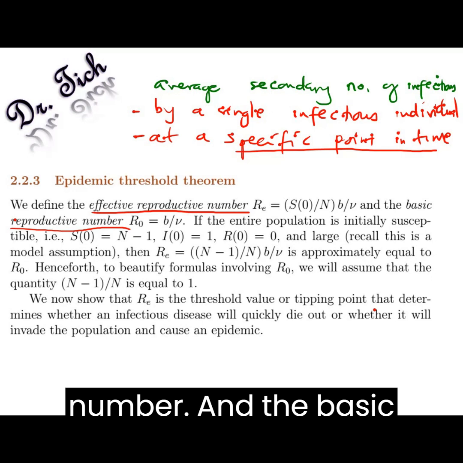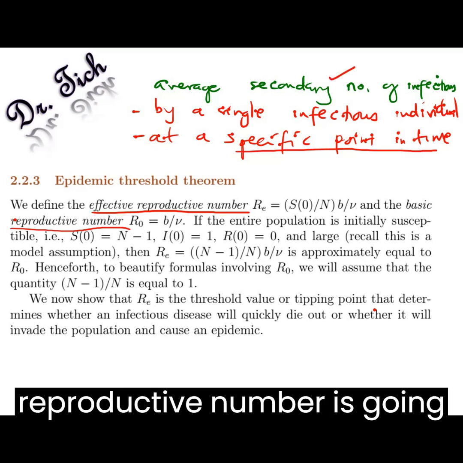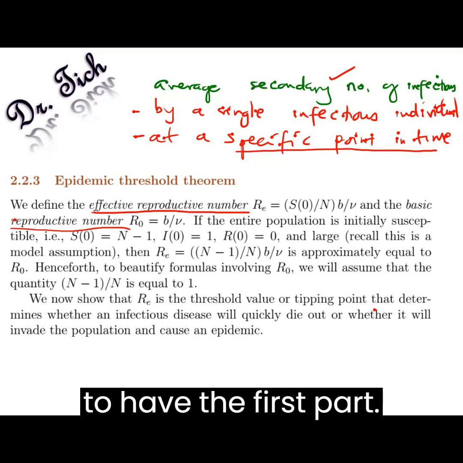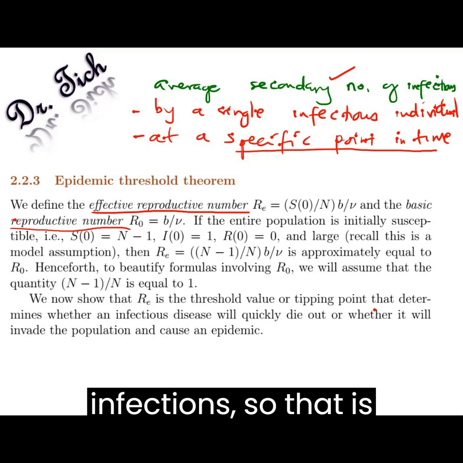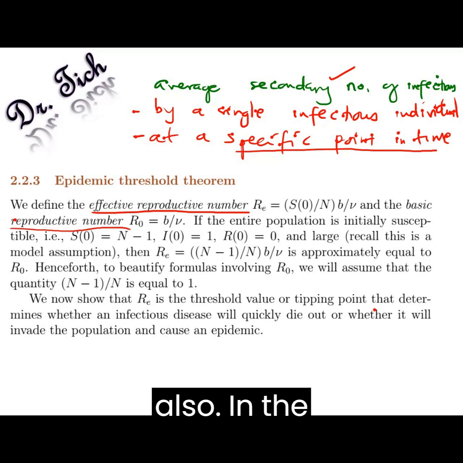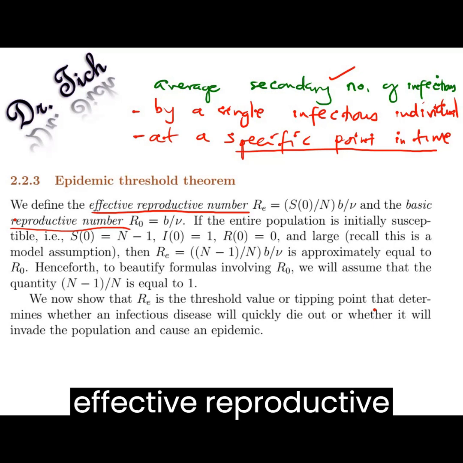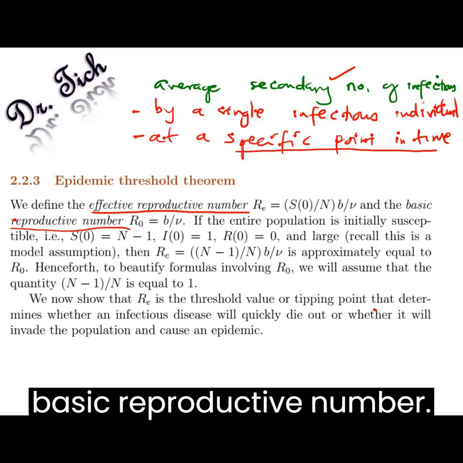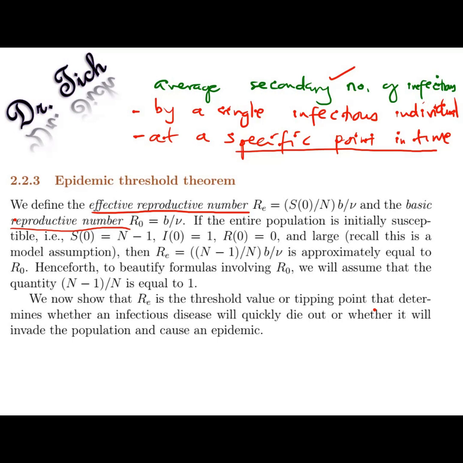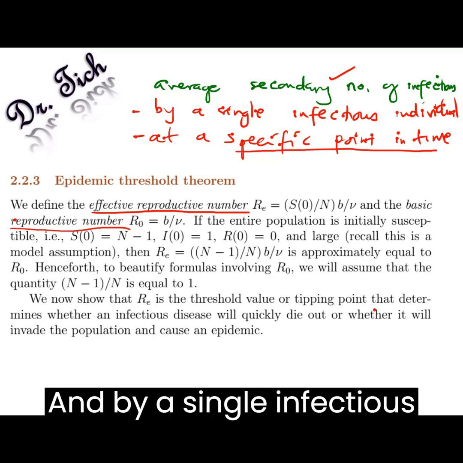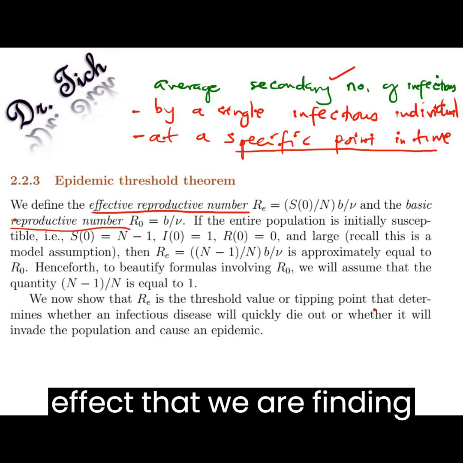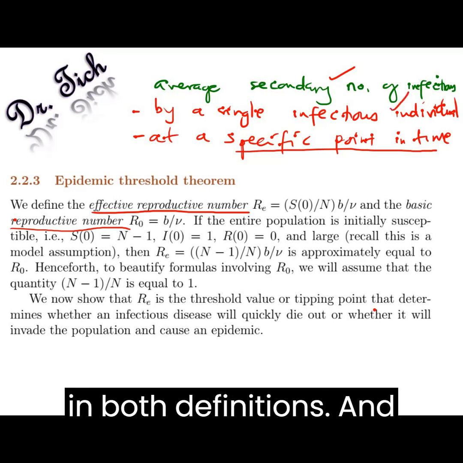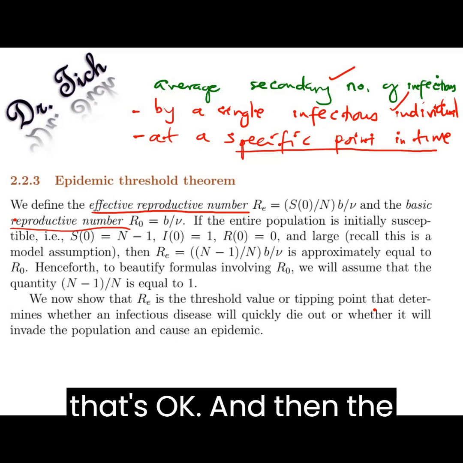The basic reproductive number is also going to have the first part, the average secondary number of infections by a single infectious individual. That is a fact that we are finding in both definitions, and that's okay.